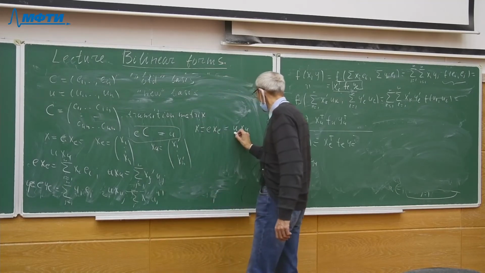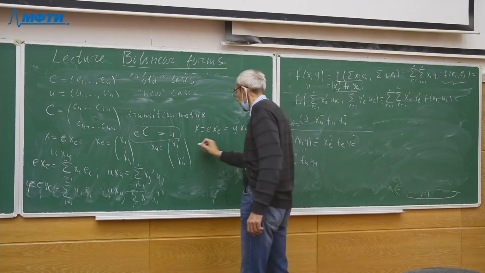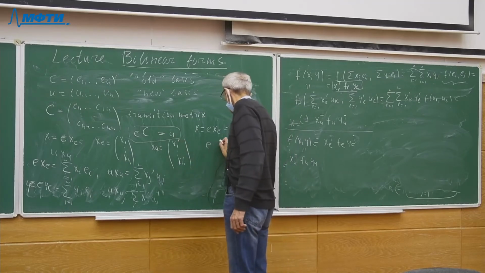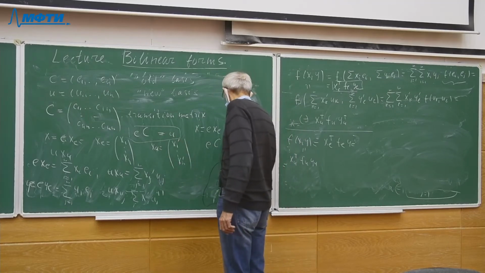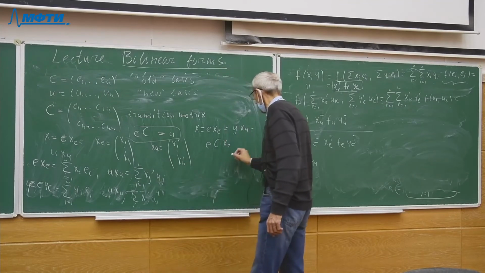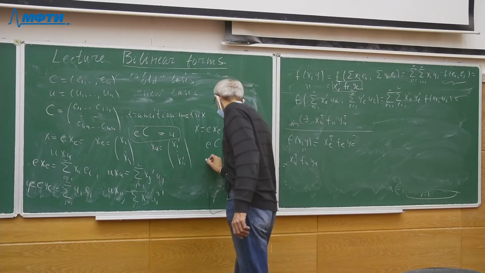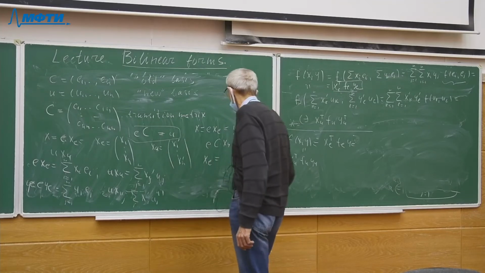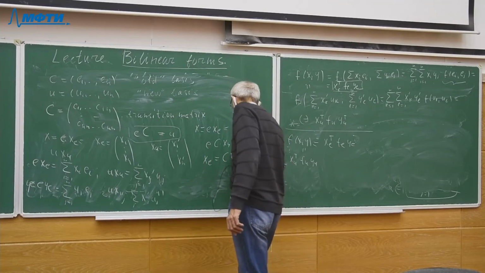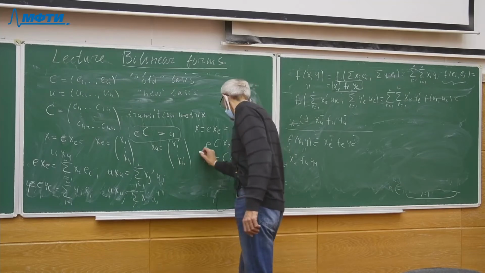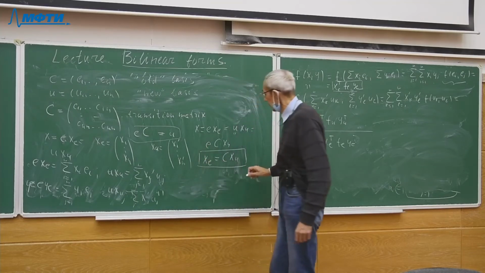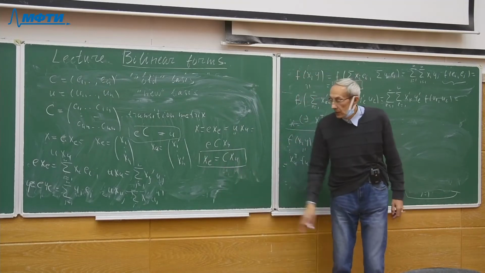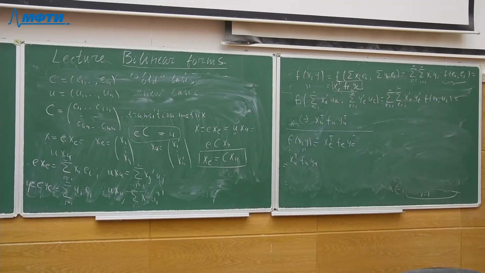But u is equal to the product e and C. And from this formula we obtain the following expression, that the vector x_e is equal to the product of the matrix C and x_u. This is the formula for changing coordinates of vectors when we change the basis.